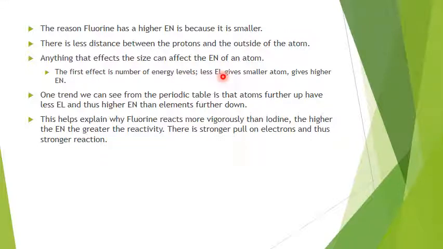Fewer energy levels makes the atom smaller, giving it a higher electronegativity. So again, as the trend goes in the periodic table, the atoms further up have fewer electron energy levels, and thus higher electronegativity.